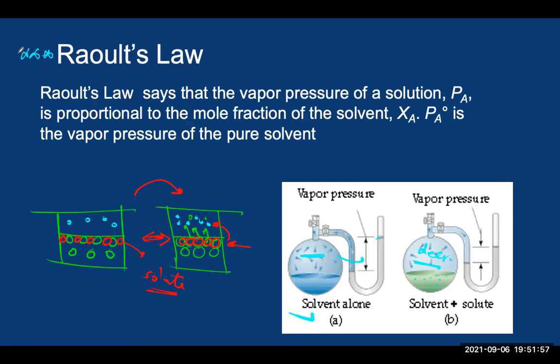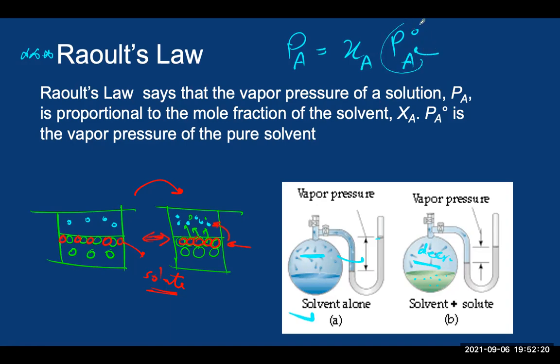It states the relationship between the vapor pressure of a pure liquid and the vapor pressure of the same liquid when it is in a solution. So the vapor pressure of a solvent will be equal to X for this solvent times the vapor pressure of the pure solvent.